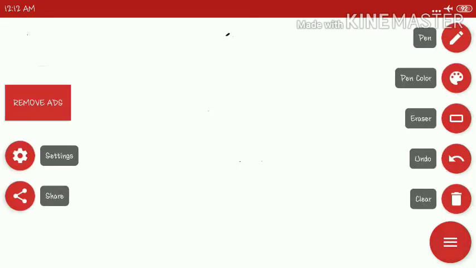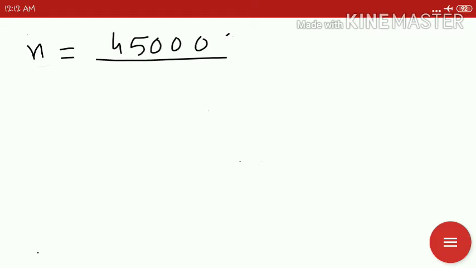So the number of shares n equals, you have to write the formula first and then put in the values, the investment, that is 45,000, by 125. So we will get 360, that is a total of 360 shares he has bought.